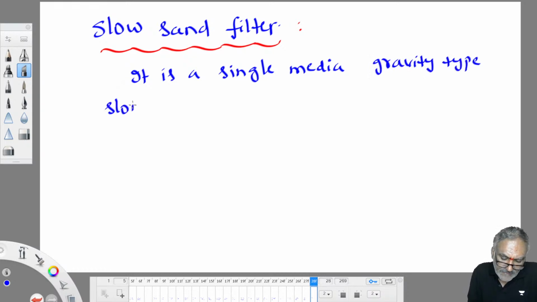slow filter. Why are they called slow filters? Because the rate of filtration is very low. Known as slow filter. The rate of filtration is very low.